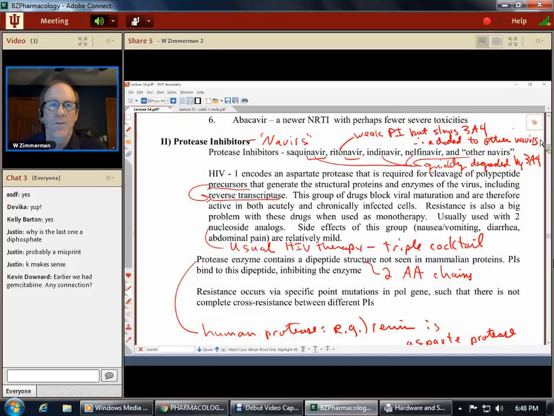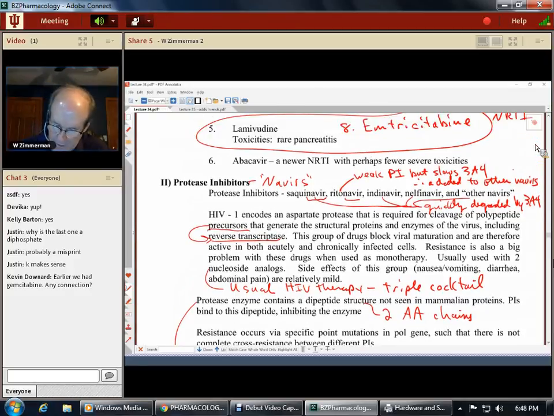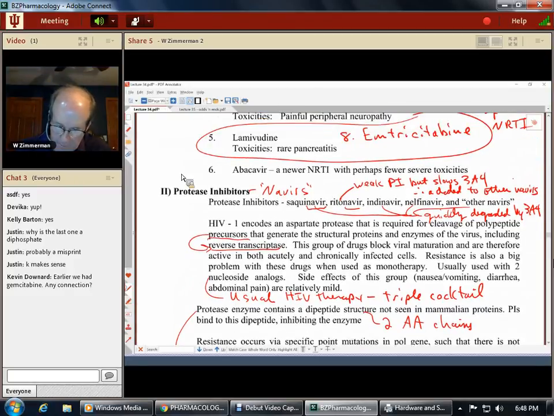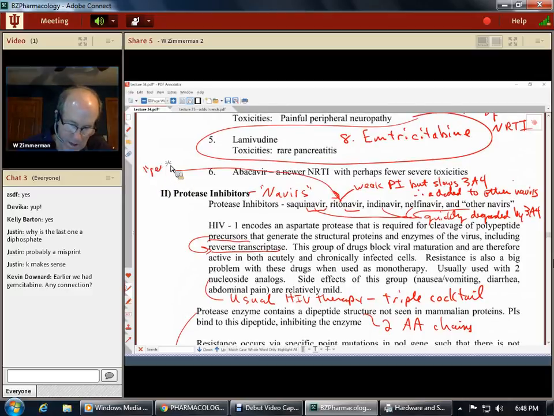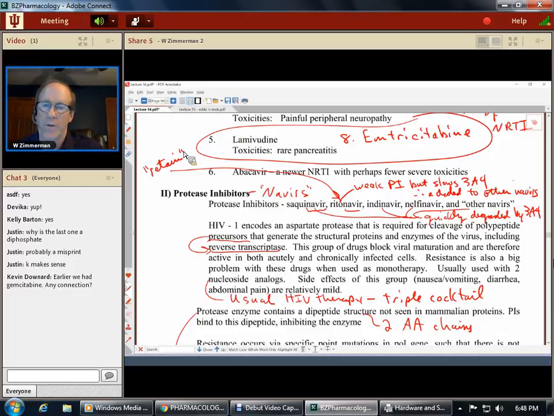So when I think of ritonavir, the way I remember it, I'm out of room here, retain. It helps to retain the other protease inhibitors it's with so they don't get metabolized so quickly. Retainavir, if you want.